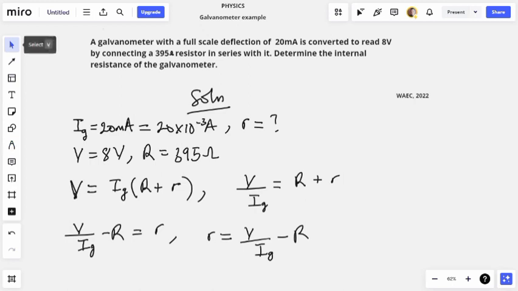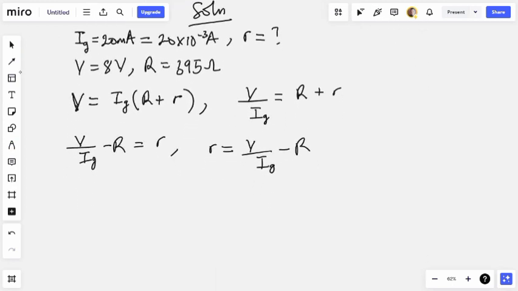Having done this, the next step is to substitute. Our small r will be equal to V, which is 8, divided by I subscript G, which is 20 times 10 raised to the power of minus 3, then minus R, which is 395.